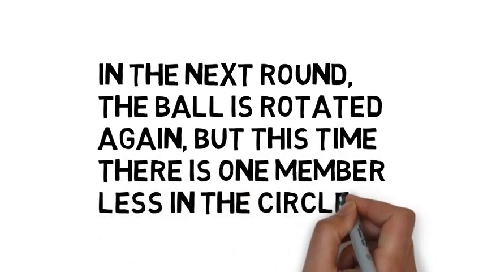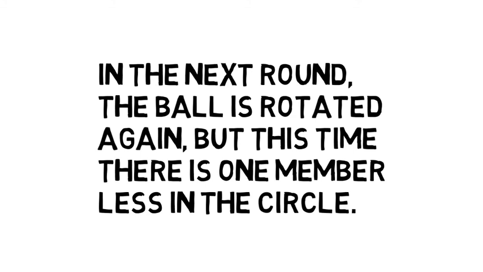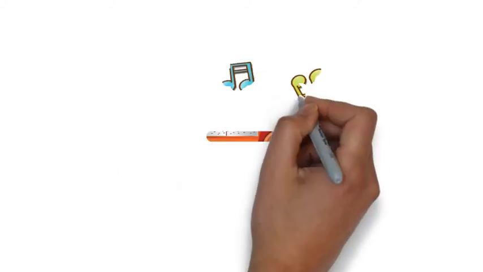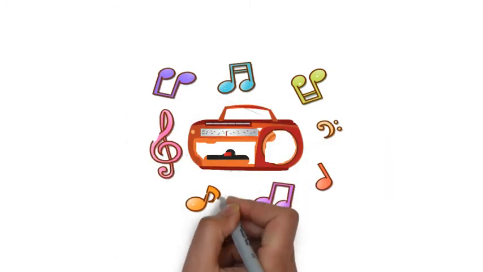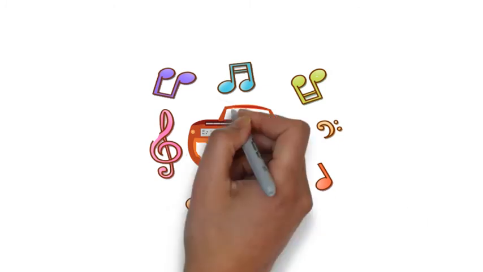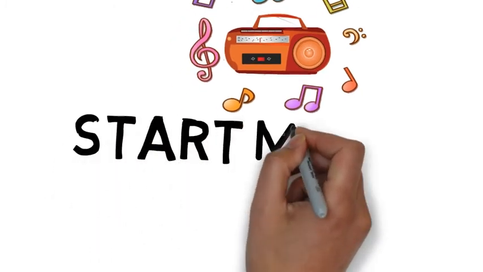The duration of the game will all depend upon how long it takes for each member to be eliminated or taken out of the circle one by one. At the end, there will be only one person left.